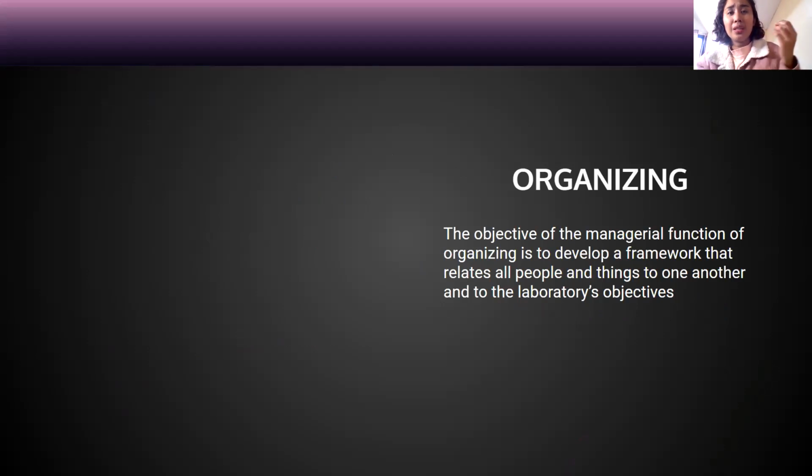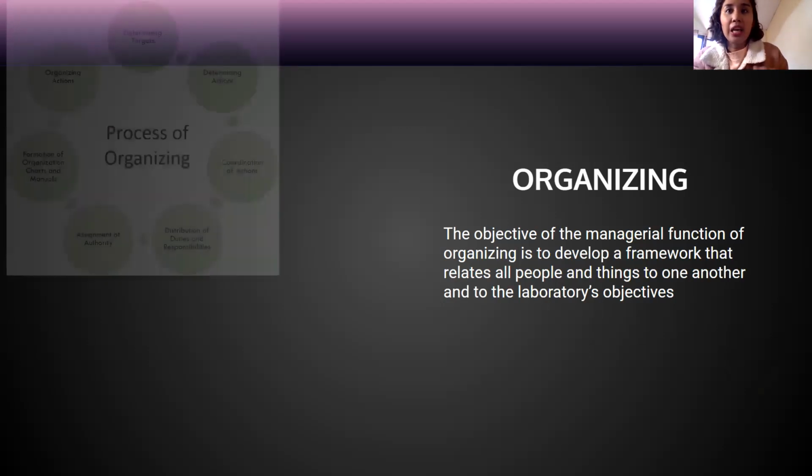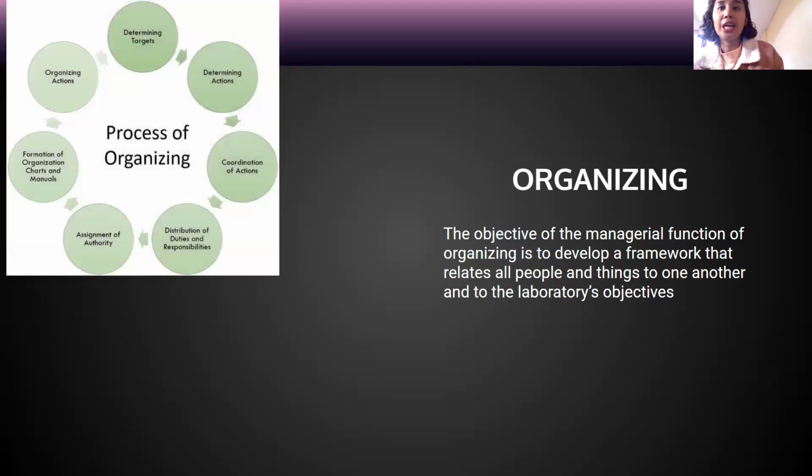Okay, so the last topic was all about planning, and now we are in organizing. Organizing is a managerial function, along with planning, leading, and controlling, right? So the whole topic under organizing is to develop a framework that relates all people and things to one another and to the laboratory's objective.